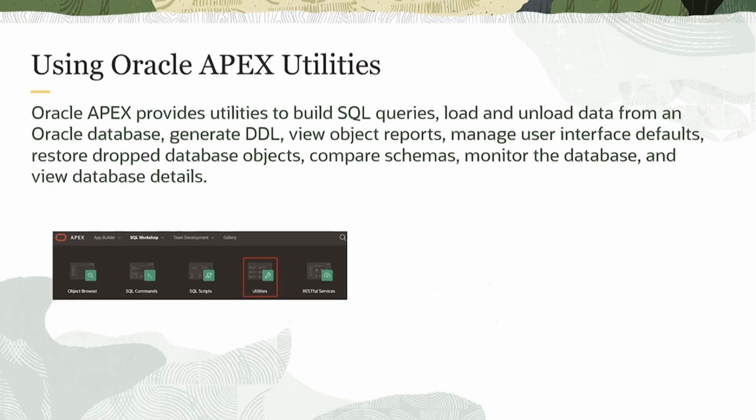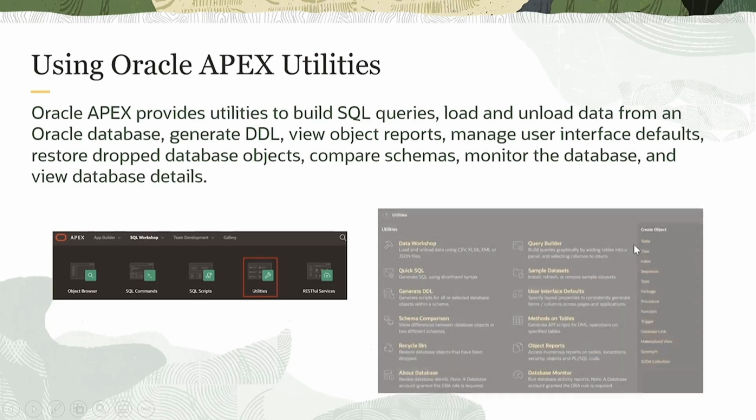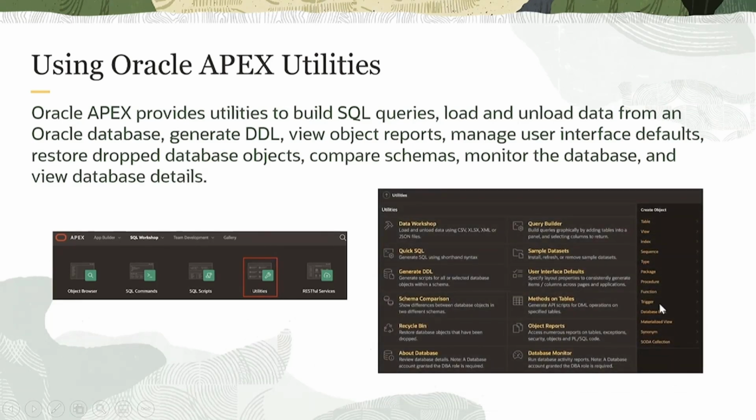To navigate to the Utilities page, on your Workspace homepage, click the SQL Workshop and then click Utilities. The Utilities page appears with the list of actions that you can perform. The upcoming videos in this lesson cover some of these utilities.